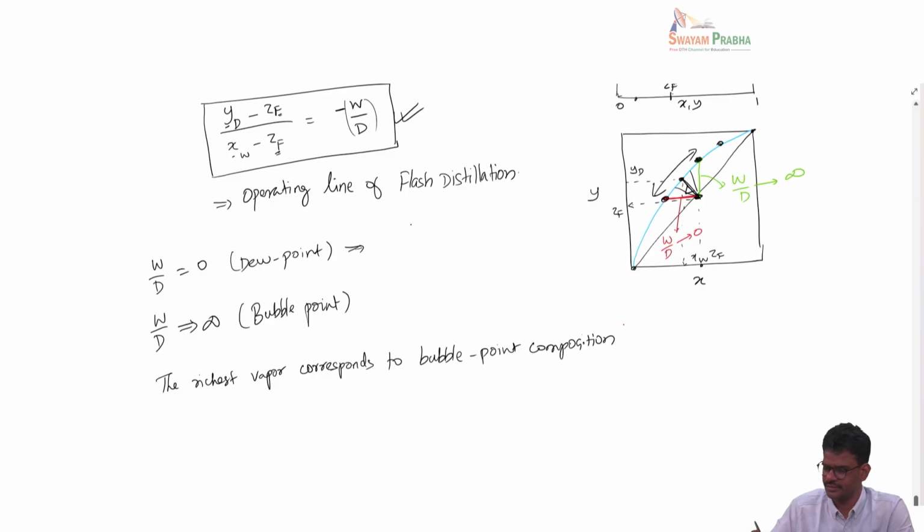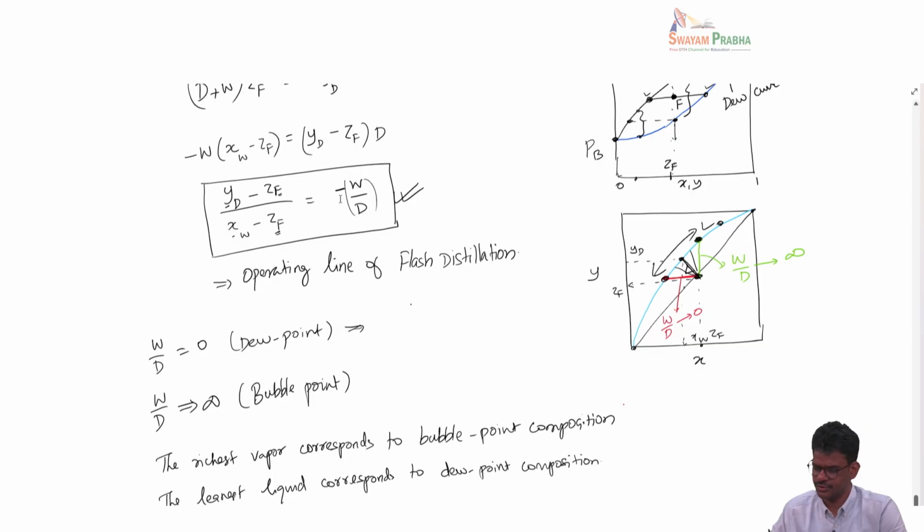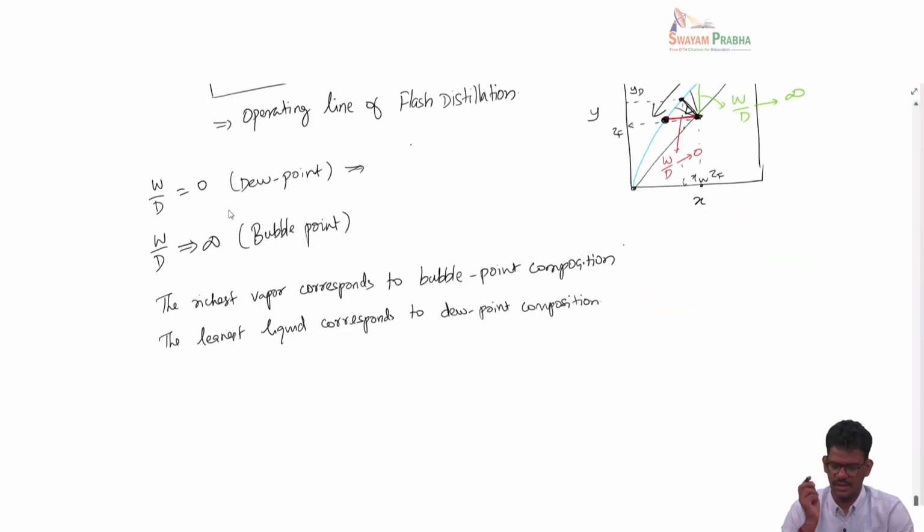So that is this point, and the leanest liquid corresponds to dew point, which corresponds to this point, and the flash can happen anywhere between these two.